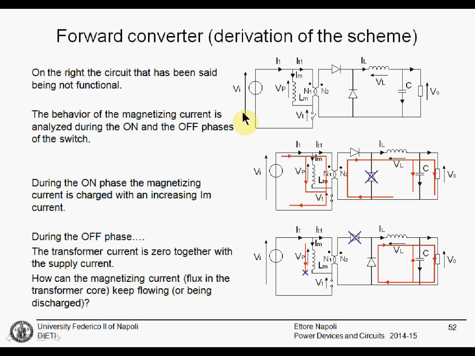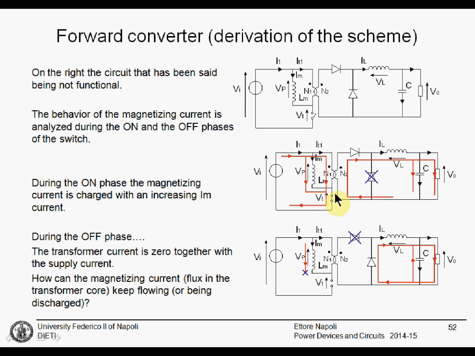This is the circuit of the ideal forward converter that we said cannot work in this way. We need to analyze what happens for the magnetizing current, that is the current through Lm here, during the on and off phases of the switch.